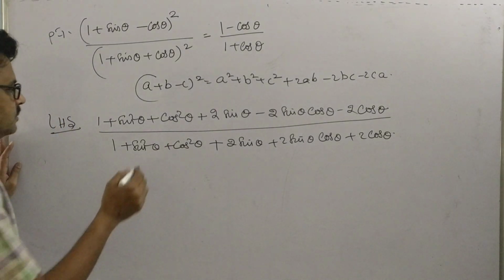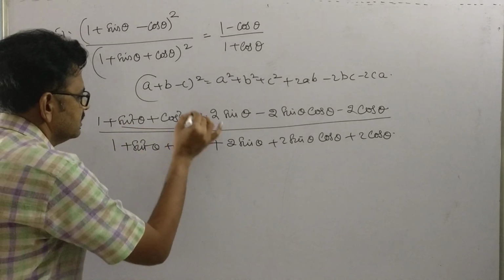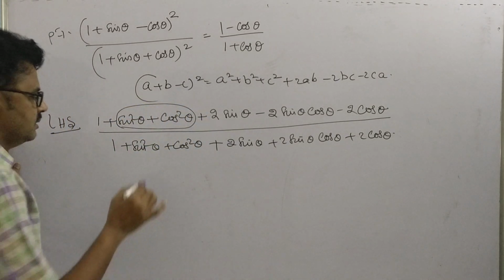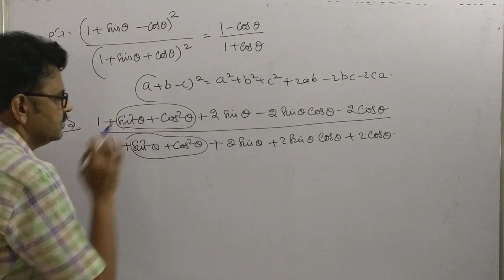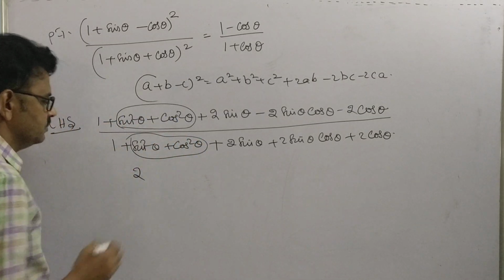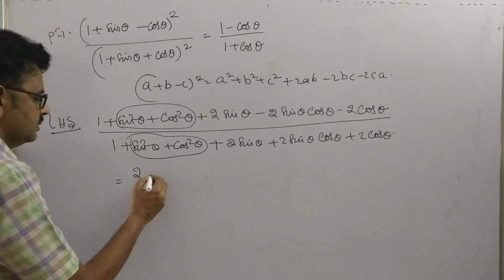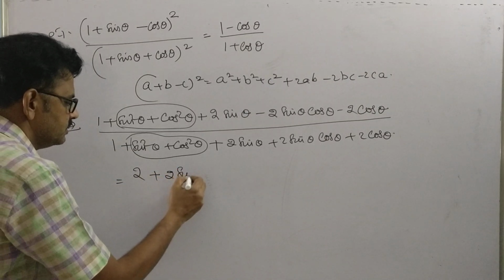Okay, sin square theta plus cos square theta is 1. There also sin square theta plus cos square theta is 1. 1 plus 1 is 2.